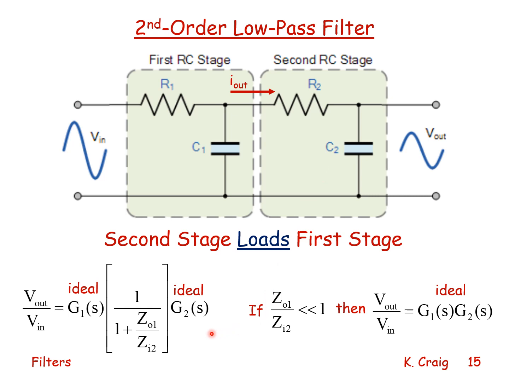And we see that if this ratio, output impedance of G1 divided by input impedance of G2, is much, much smaller than 1, then V out over V in approaches the ideal G1 times G2. This is exact. This will give us the exact input-output relationship.